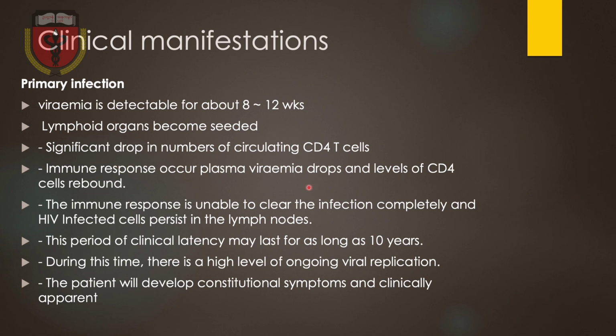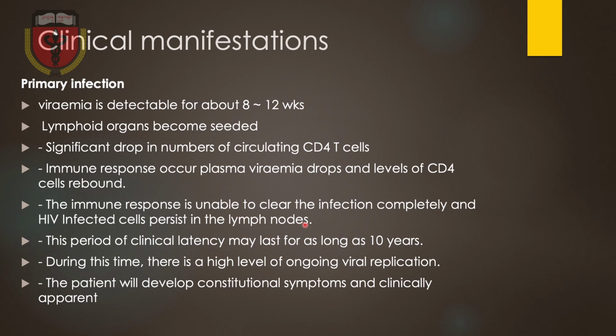Significant drop in the CD4 T cells, and immune response occurs. Plasma viremia drops, and then the level of CD4 cells rebounds. If the immune response happens, the plasma viremia would drop, and then the level of CD4 will rebound. That depends on someone's immune response, just like I mentioned.